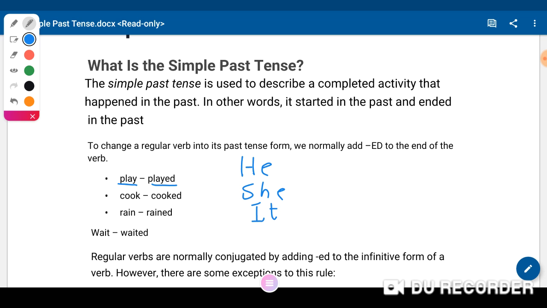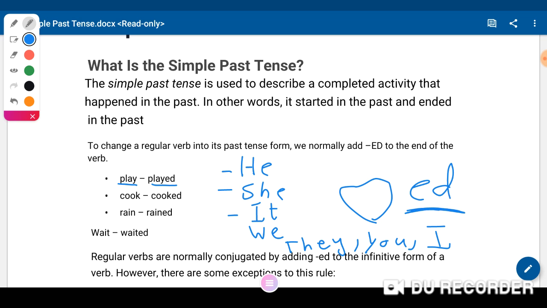So in such a case, he, she, it, we, they, you, I, all of them will love ed with the regular form. Like, he played, she cooked, it rained, she waited.